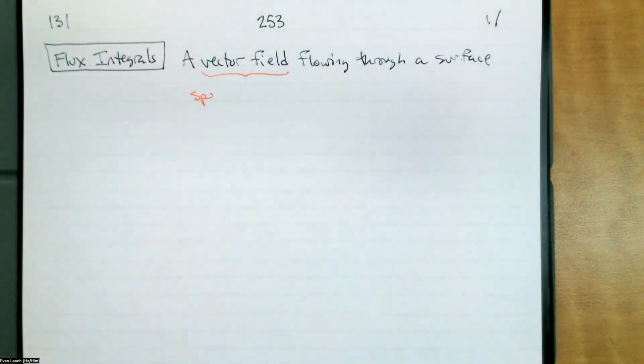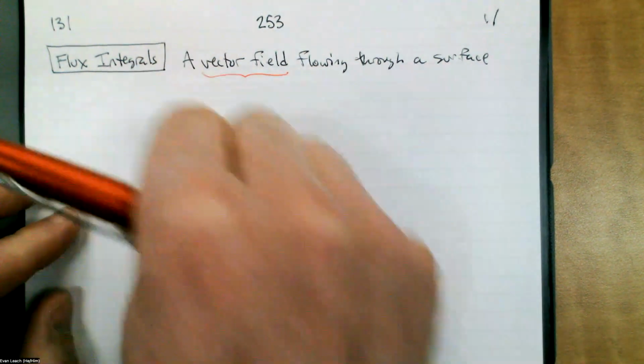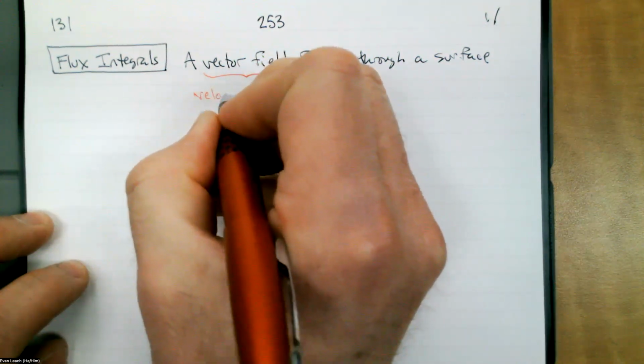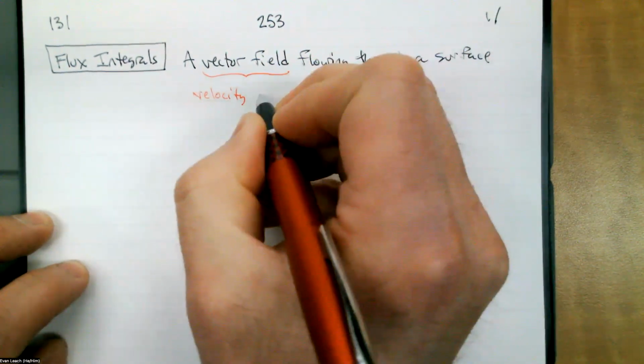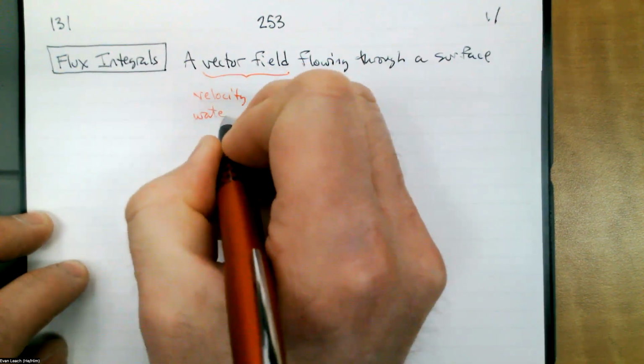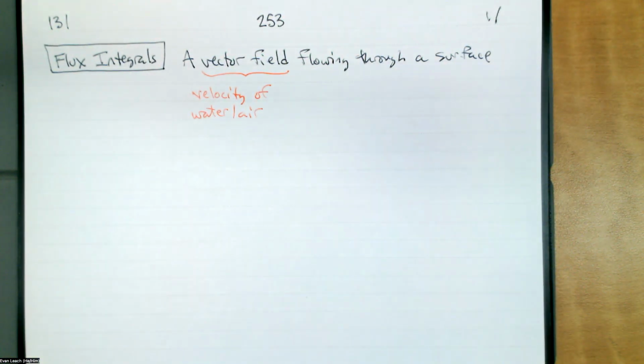No, I should say velocity, because it's going to have direction, because it's a vector field. So let's call it the velocity. Suppose I could generalize this to the velocity of the medium.